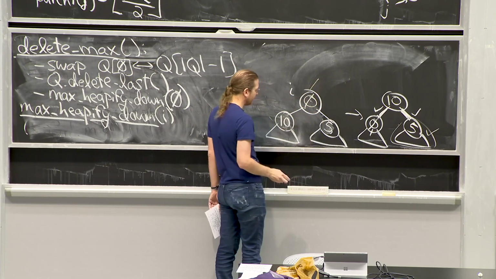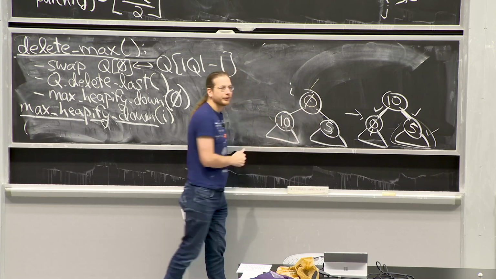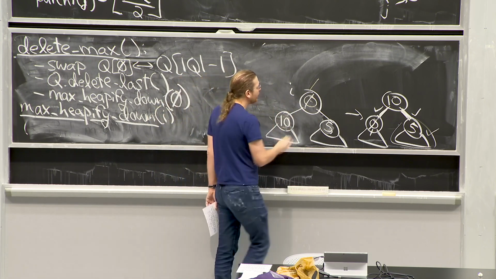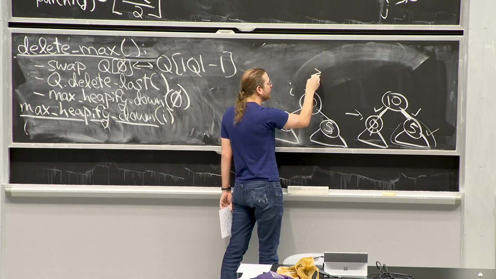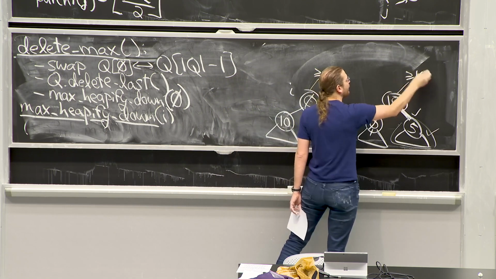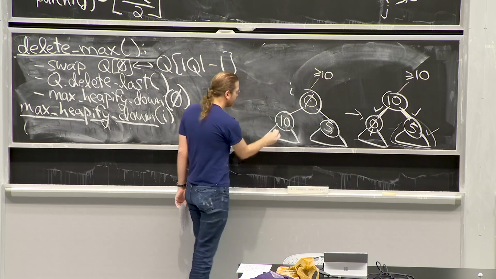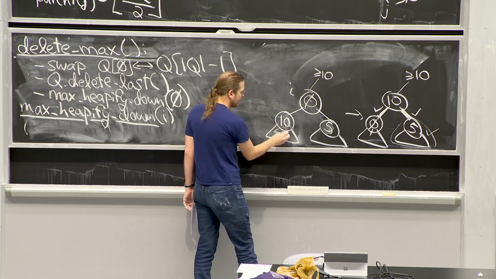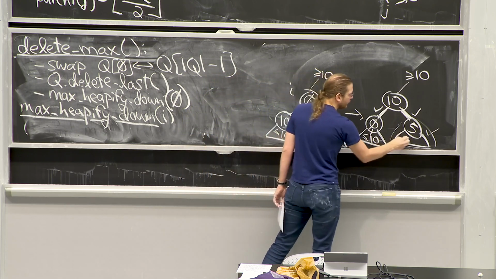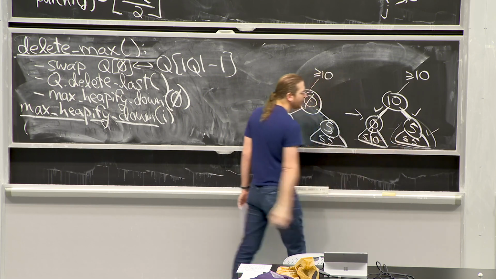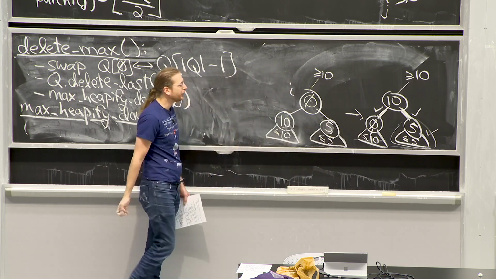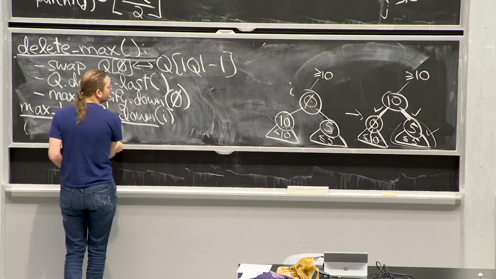Well, because everything was a correct heap before we put 0 too high, all of the nodes on the ancestor path will be greater than or equal to 10, and all of these nodes were less than or equal to 10 before and less than or equal to 5. So that's still true. But you see this tree is happy. This tree still may be unhappy. 0 still might need to push down farther. That's going to be the recursion.